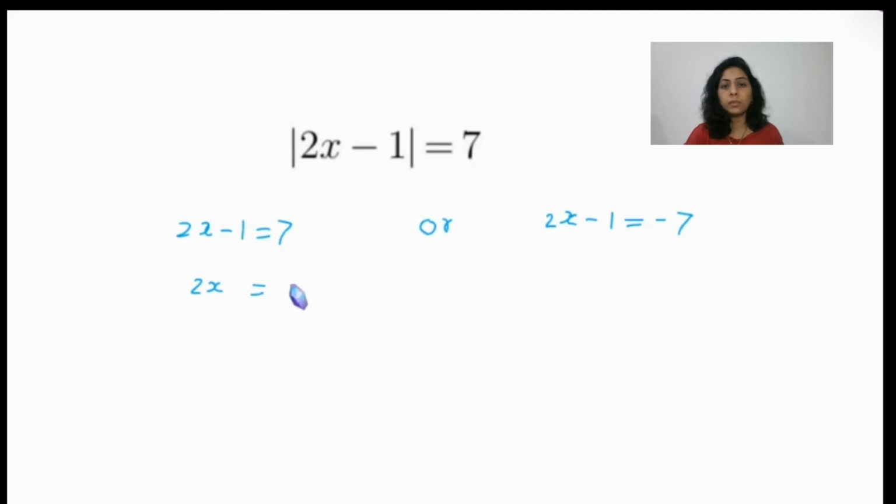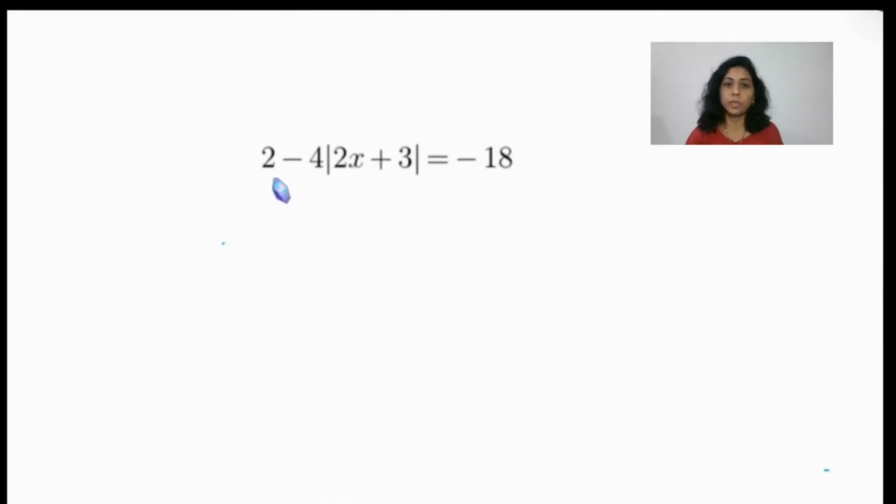Add 1 to both sides, so this is 8. Divide both sides by 2, we get 4. This is our first answer. Here, same thing, add 1 to both sides, so minus 6, and divide both sides by 2, we get negative 3. So we got two answers, 4 or minus 3.